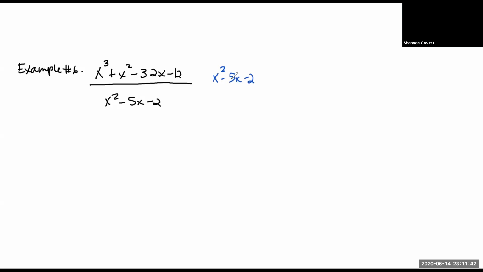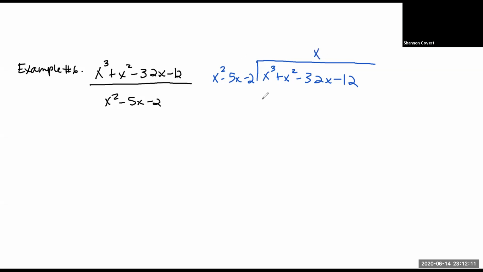X squared minus 5x minus 2 is on the outside. X cubed plus x squared minus 32x minus 12 is on the inside. X squared times what gets me x cubed? The answer is x. So that actually gets put above the x term.